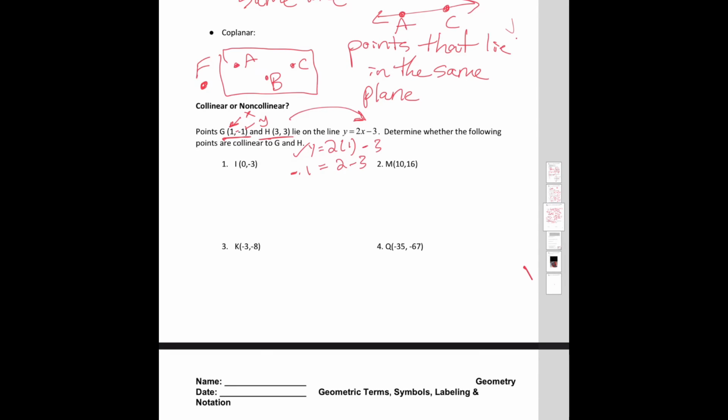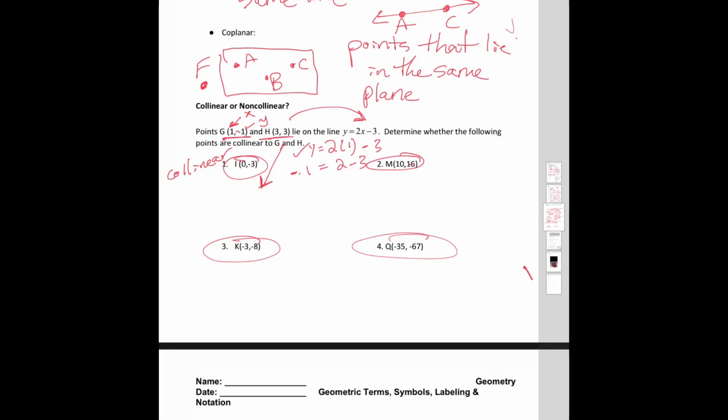So now, to do this, we have to plug these points into the equation to see if it works. So let's test this out. For example, I will tell you that this first one is collinear, and I will show you why. So this has to be true.